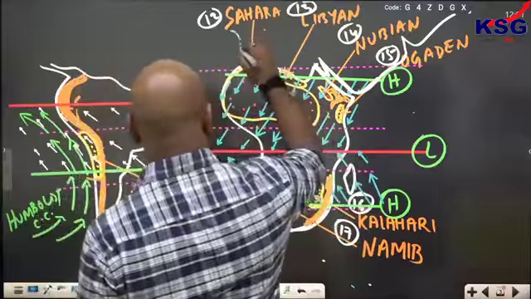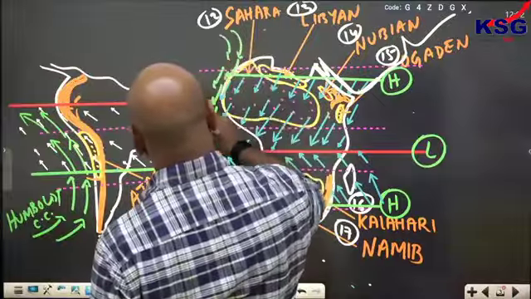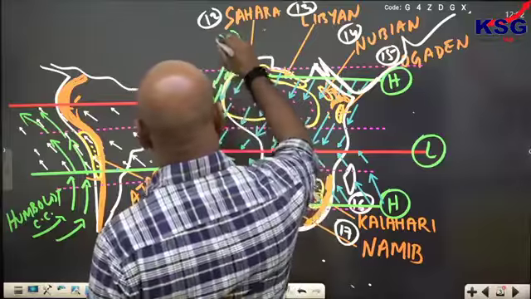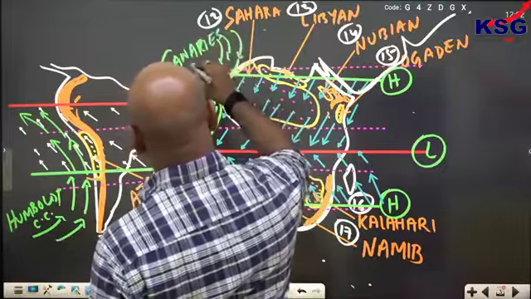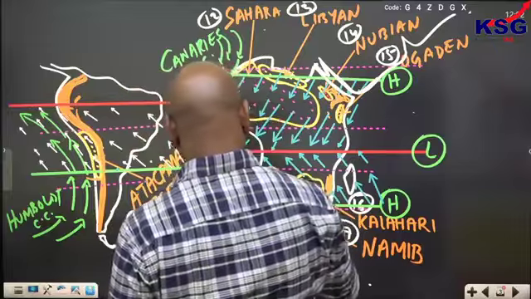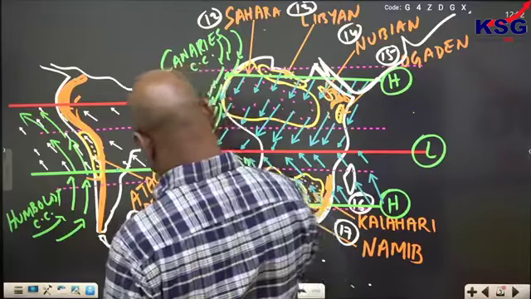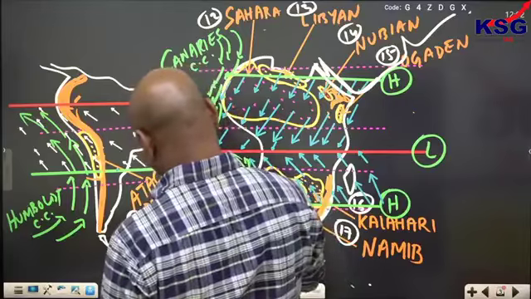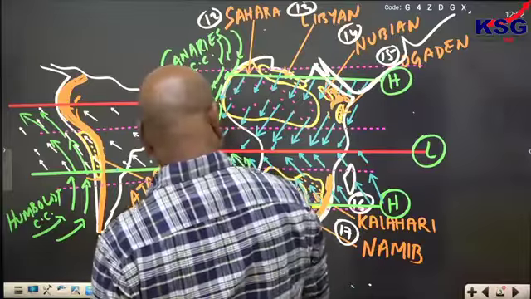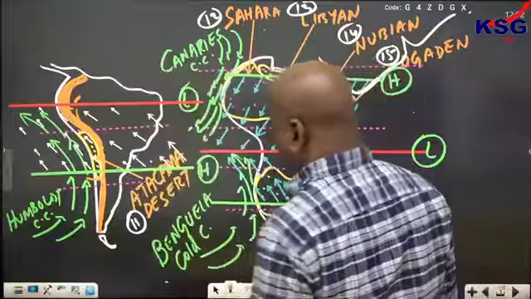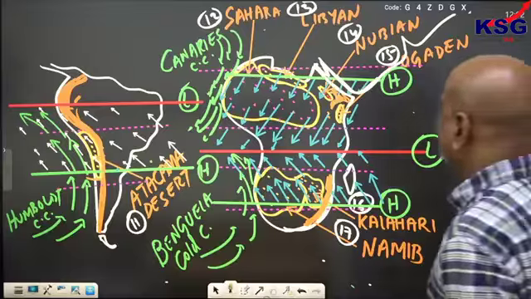Same way here you have a current. This is Canary's current, Canary's cold current. And here you have a current: Benguela cold current. You can see this.